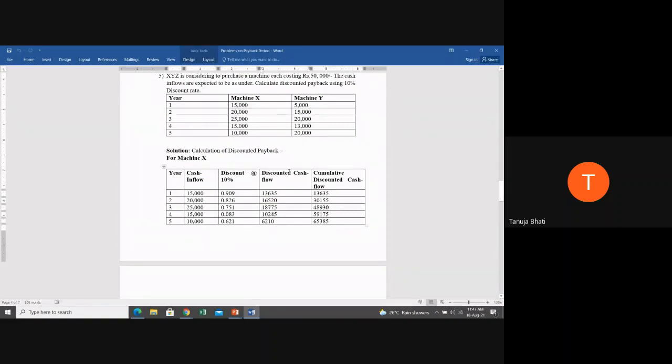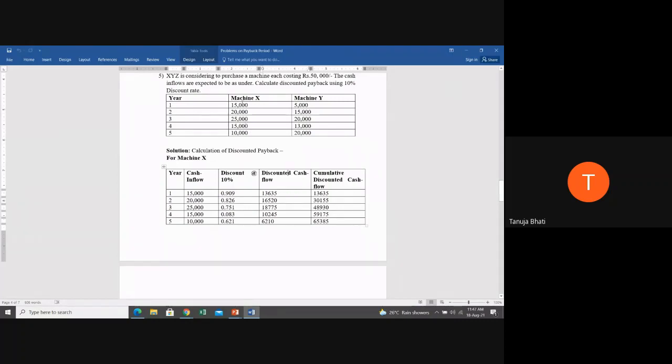Students, quick, since we have already done this, I want it to be an interactive class. Ma'am, in the first step, we find the cumulative cash inflow, and then we see the year in which the cumulative cash flow is equal to your initial cash outflow.